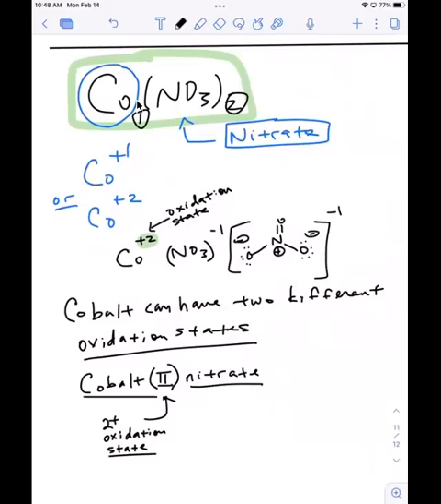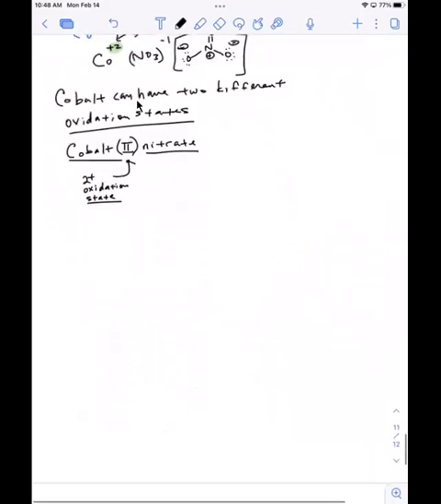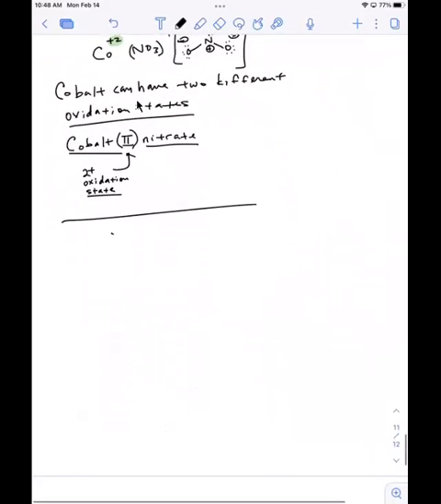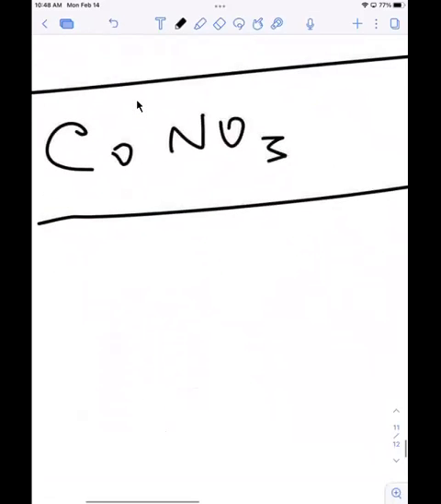When we pull those 2 pieces apart, the 2 goes with cobalt and the 1 goes with the nitrate. If it was cobalt(I) nitrate, it would look like that.